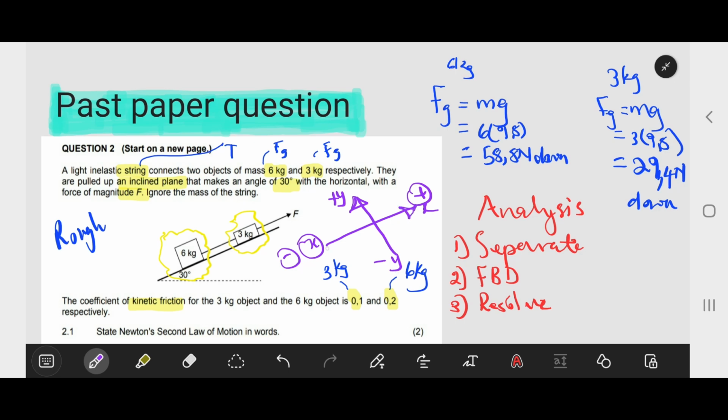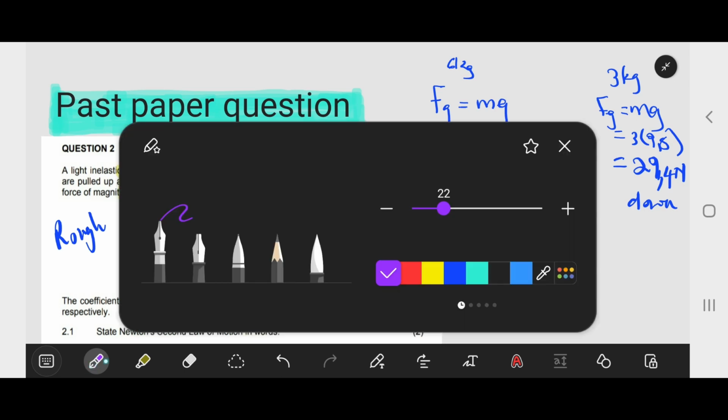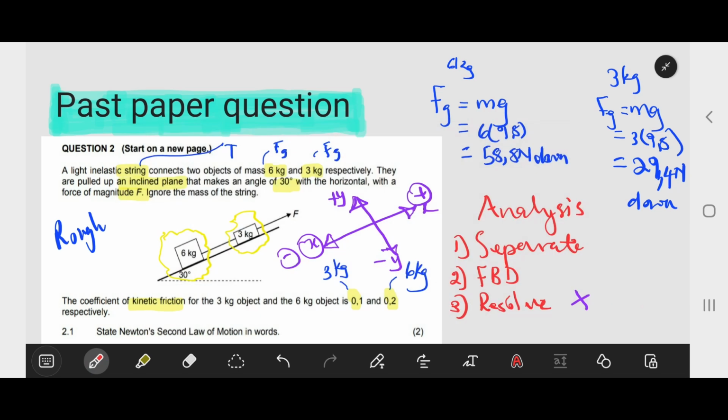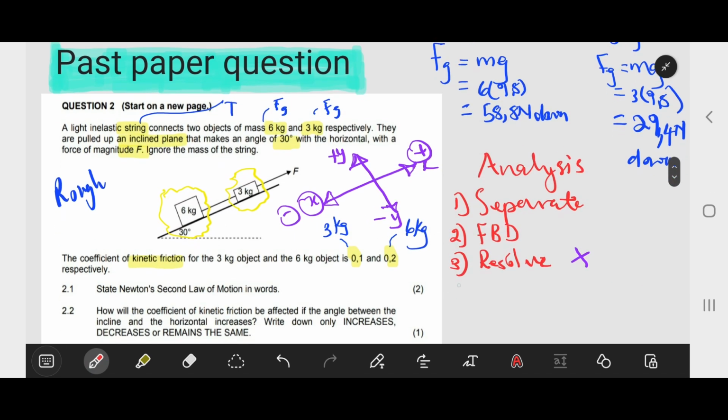Okay, so it means we're going to be resolving any force which is not in that y direction and any force which is not in that x direction, right? So we'll resolve that force into the x and y direction. Okay, so that is step number 3. We'll be resolving using this system of axes. And then the next step, so after resolving, perform our F net in the y axis.